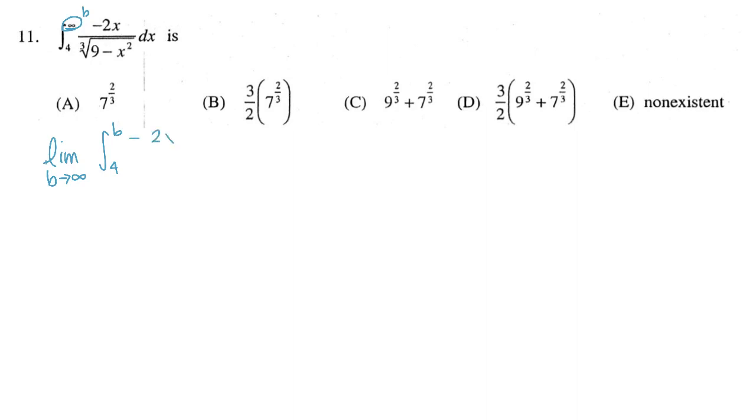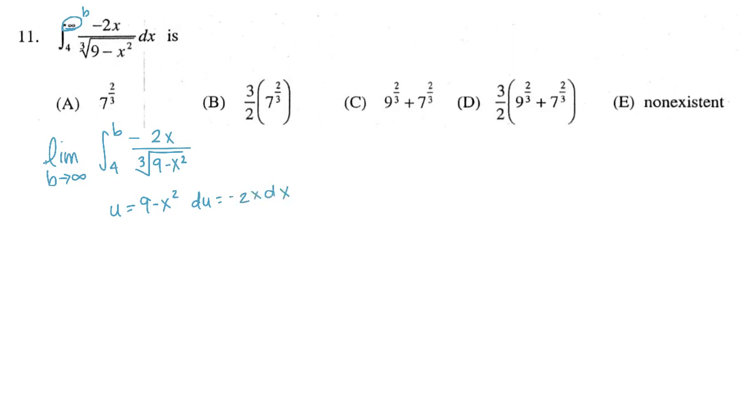So we have negative 2x over the cube root of 9 minus x squared. And it looks like we'll also need to do some sort of u substitution with this. So as we continue on, I would let u be 9 minus x squared here. And so du is negative 2x dx.